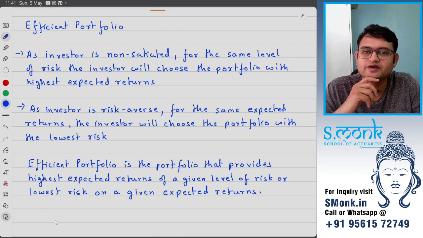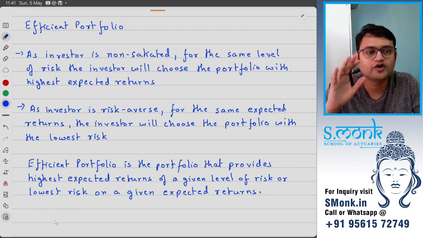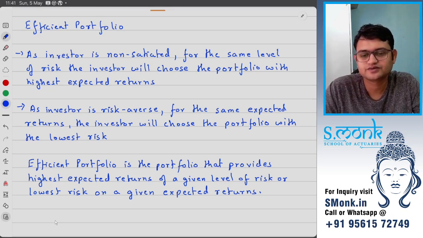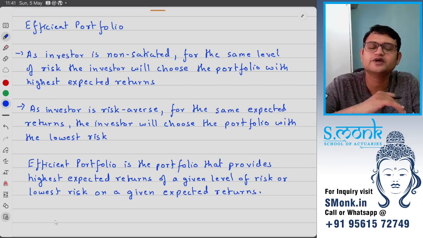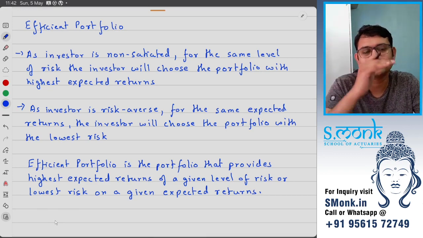That would be the efficient portfolio. Of course, there will be a lot of efficient portfolios for different levels of risk and different levels of returns.